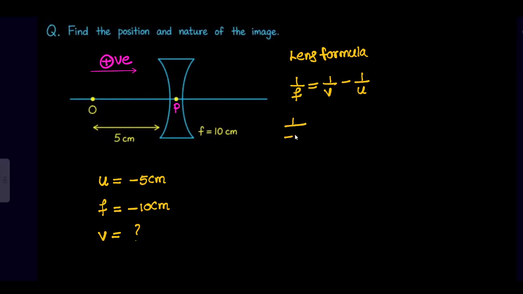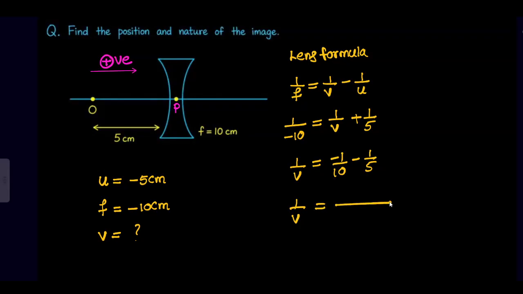So that is 1 by -10 equal to 1 by v minus, or minus plus, 1 by 5. So that is 1 by v equal to minus 1 by 10 minus 1 by 5. So 1 by v value: -10, minus 1 minus 2. 1 by v is, now this is 3 by 10.